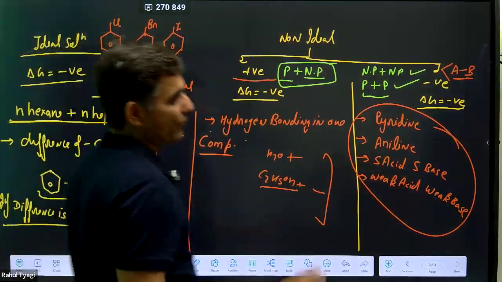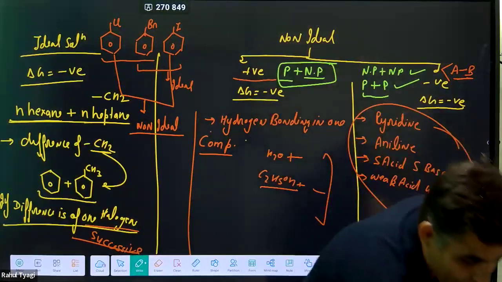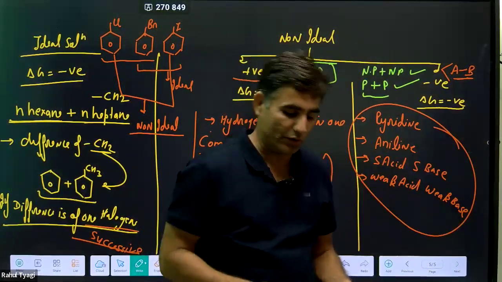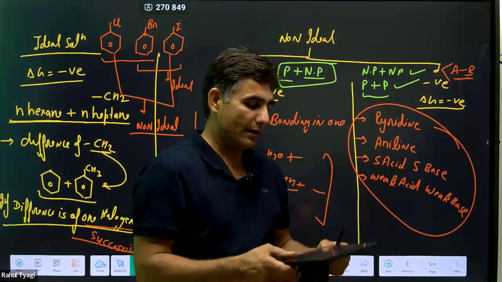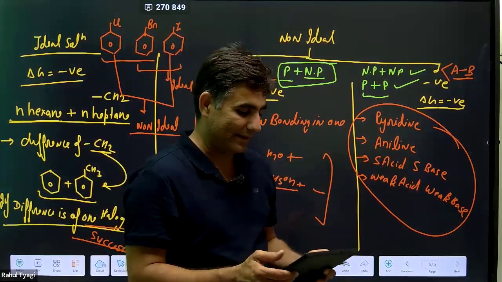I am putting a few examples. On the basis of that, you predict whether this pair shows positive deviation or negative deviation. Let me check a few pairs from NCERT.